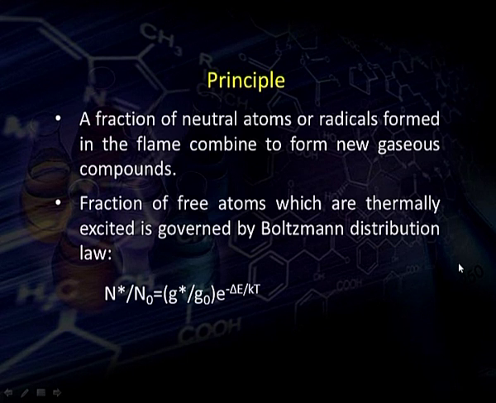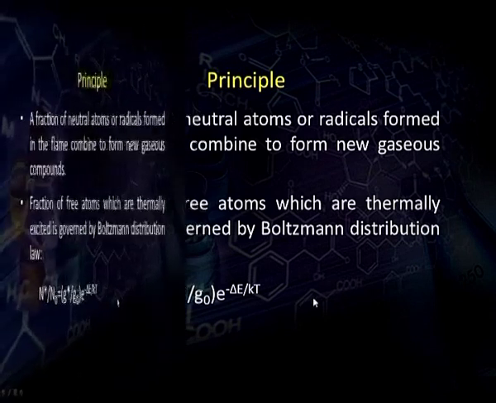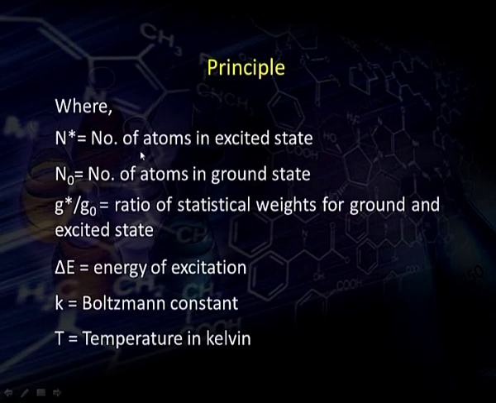Fraction of free atoms which are thermally excited is governed by Boltzmann distribution law, according to which N star upon N naught is equal to G star upon G naught into e to the power minus delta E upon kT, where N star is the number of atoms in excited state, N naught is the number of atoms in ground state.